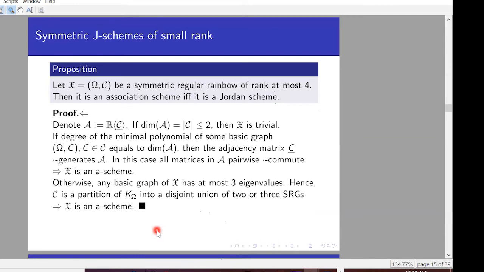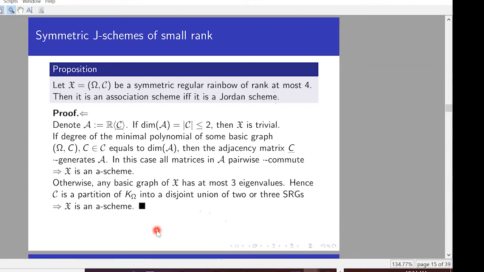Okay, so what can we say about symmetric Jordan schemes of small rank? Now, the first proposition, which I'm going to prove, so every talk should contain at least one proof, states that if I take a symmetric regular rainbow, so all graphs are regular, all graphs are symmetric, but rank is at most 4, then it is an association scheme if and only if it is a Jordan scheme.